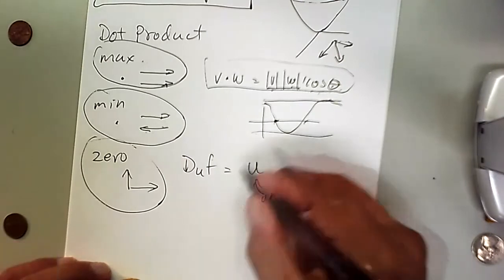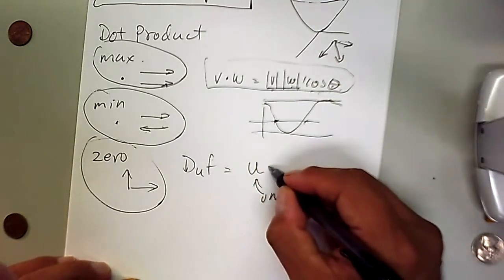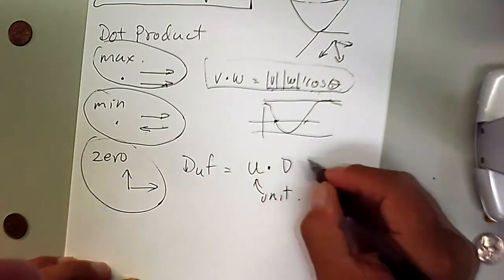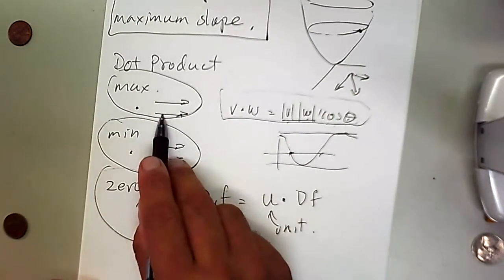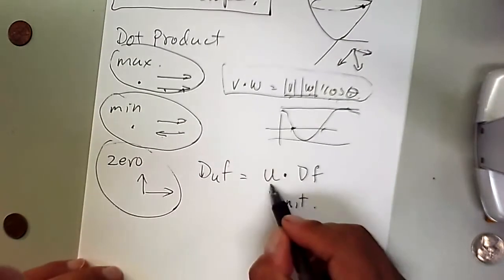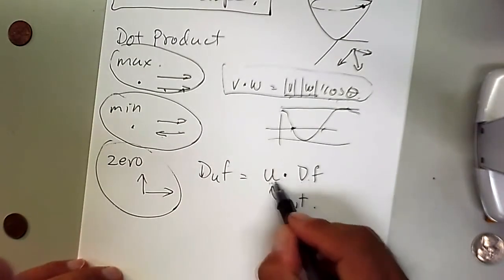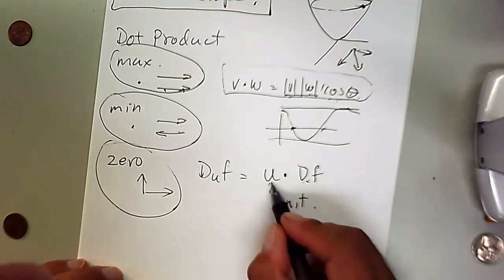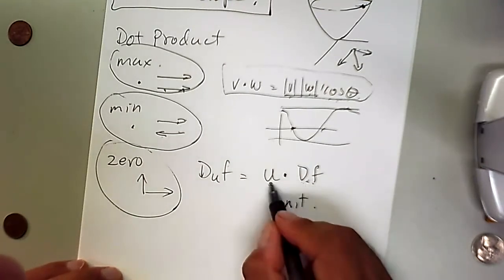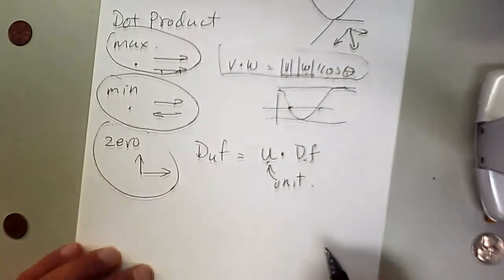If it is not unit, then you have to account for it. Dotted with the gradient. Well, the maximum of the dot product will happen when those two are parallel, which means all you have to do is take the direction of the gradient, and that gives you the maximum.